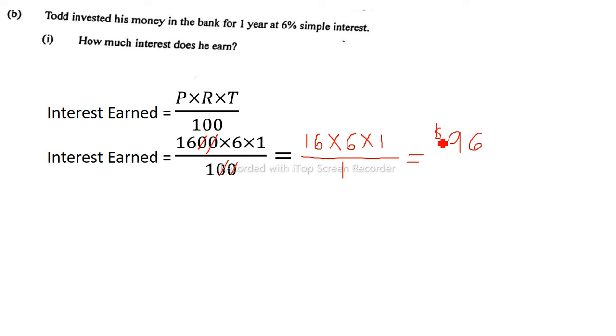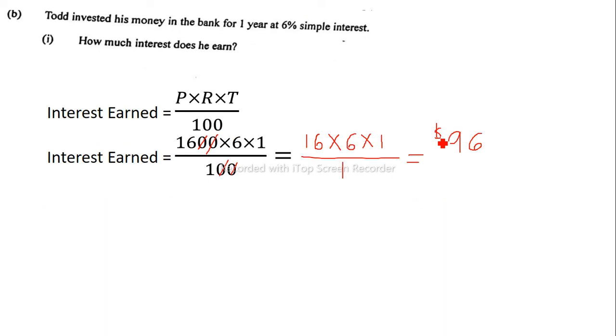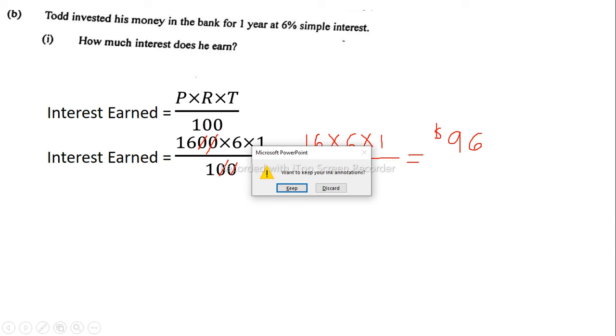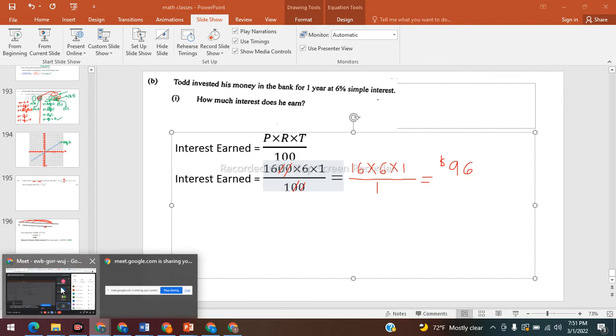You could try to find something else to do with that money instead of keeping it at the bank for a whole year. But at least the interest rate is better than some of them. Sometimes it'd be like 2%. So we get $96 after a whole year.